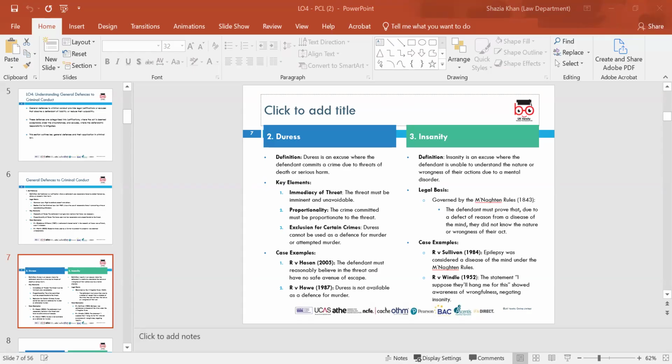Essentially, the accused did not act of their own free will and was under a threat of violence or serious harm if the act was not carried out. So, it's a common law defence which is used quite widely now, and people take advantage of people when they do, identify areas of duress.